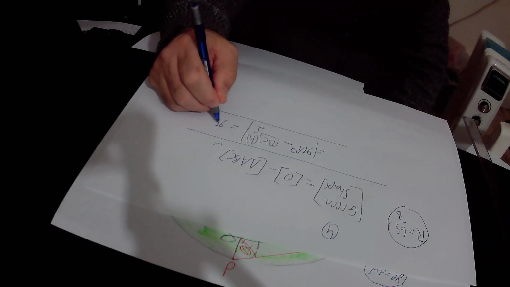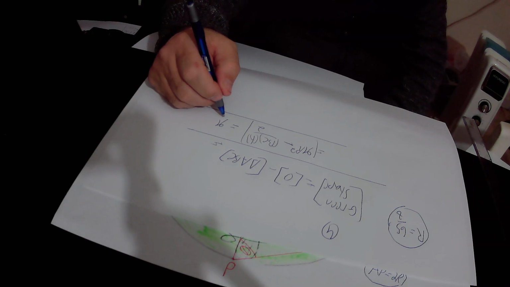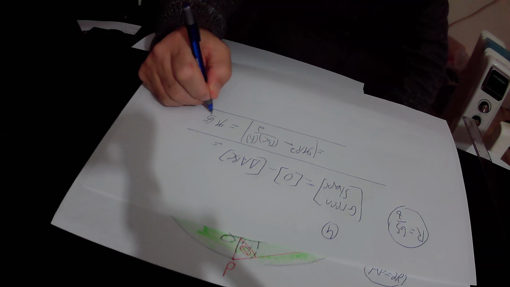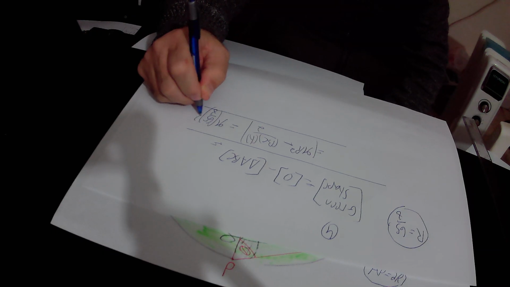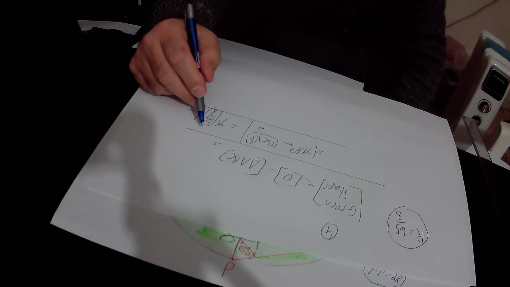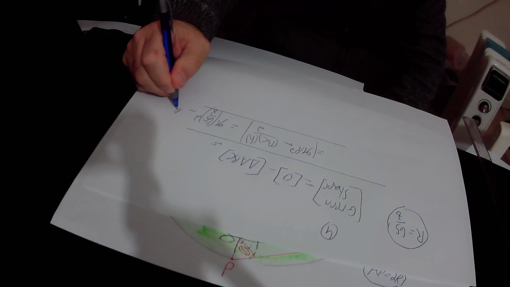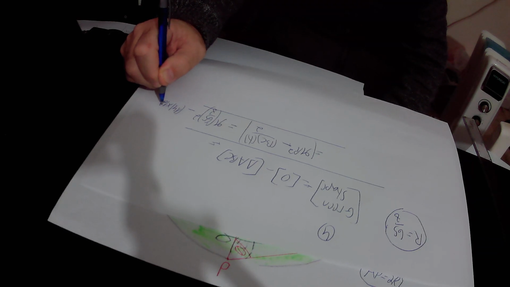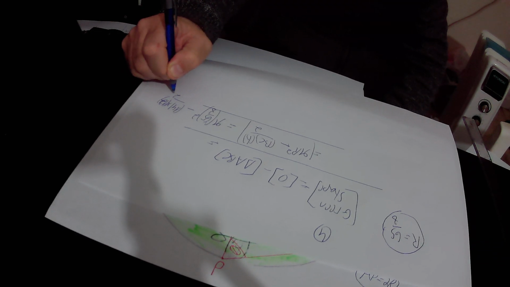So it is pi times r squared. R is 65 over 8, therefore r squared is 65 over 8 squared, minus the area of triangle ABC, that is BC times H over 2. BC is 14 times H, that is 12, over 2.